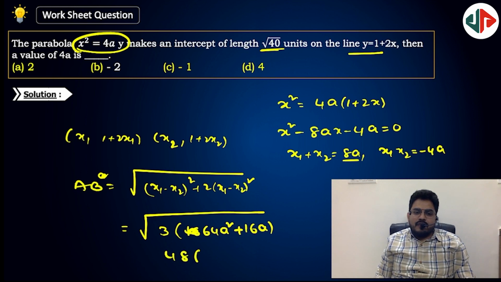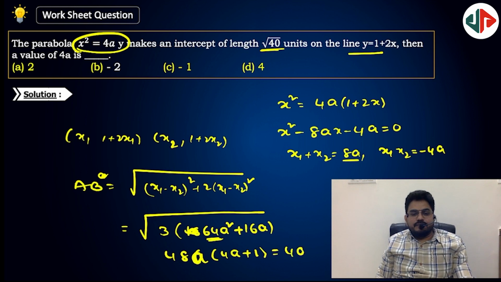Here I am taking 16 out, and a is also out. So 4a plus 1 is equal to 40. What is the 4a value they are asking? So this value is 5 and this value is 6.